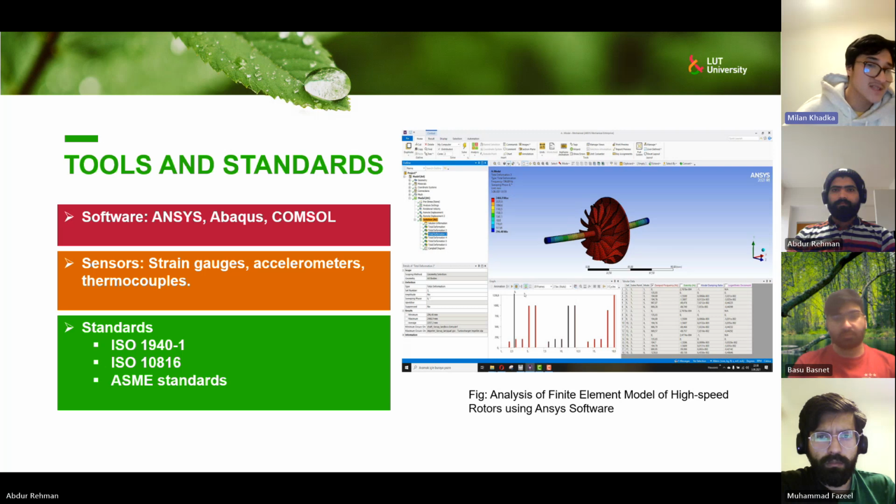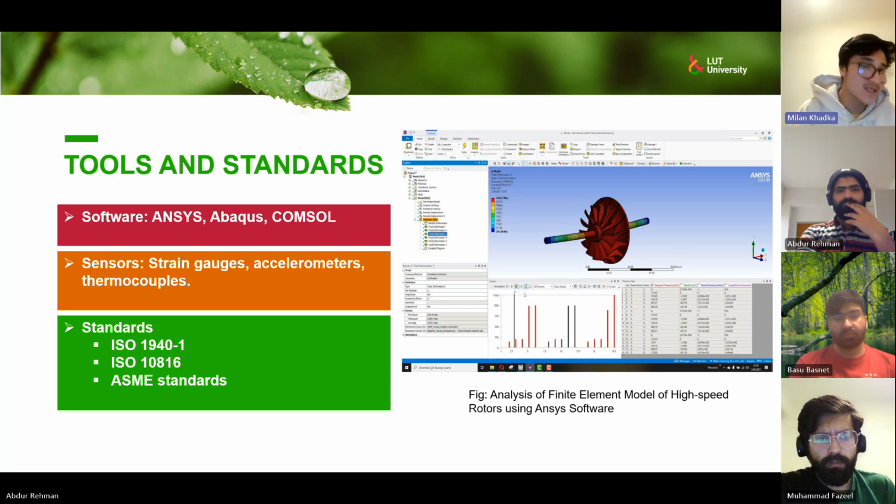Besides this, there are some standards that must be considered. The standards are basically ISO 9140 6 or ISO 10816 and the ASME standards.